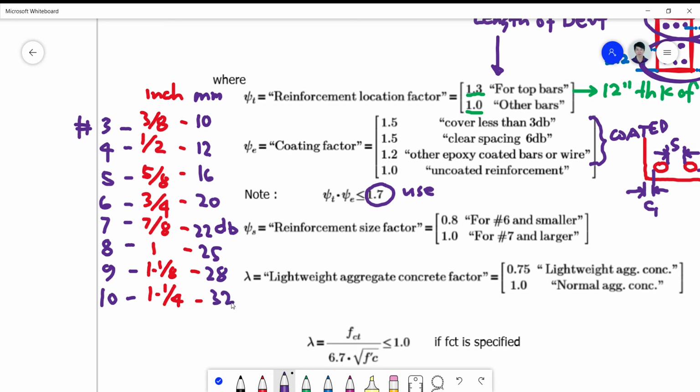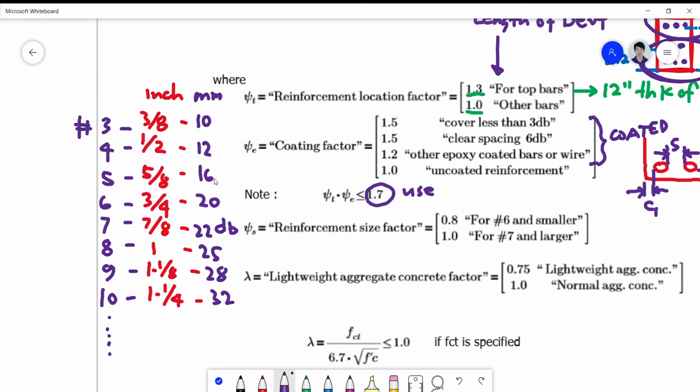You still have number 11, etc., but these are the sizes that are commonly used. So for number 6 and smaller, which is 3/4 inch or 20 mm diameter, you use 0.8 for your reinforcement size factor.